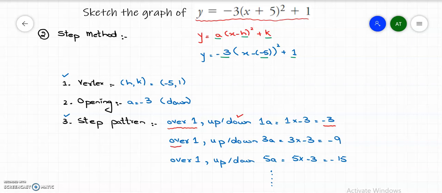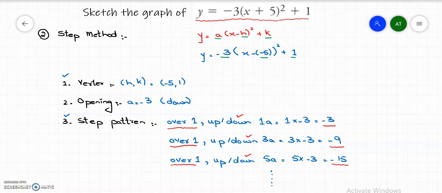Again, the next step pattern is over 1 and down 9 units, and then over 1 again, moving down 15 units. Because the values are negative, we are moving down. If the values are positive, we move up. So let's plot the vertex and the step pattern to get the graph.